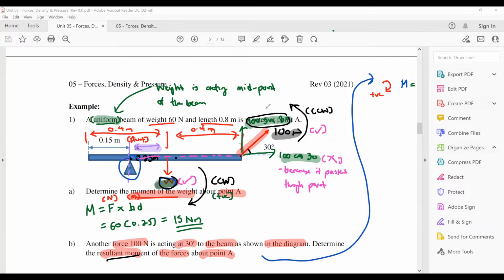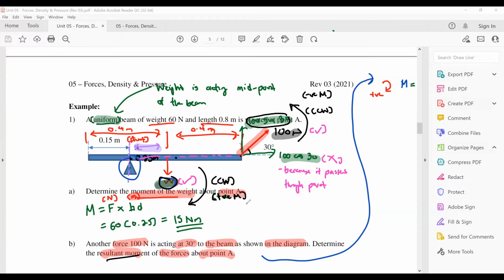The moment caused by 100 sine 30 will be a negative moment. Maybe I just write it here, again in black. This one is positive moment. This one is negative moment, according to my sign convention.